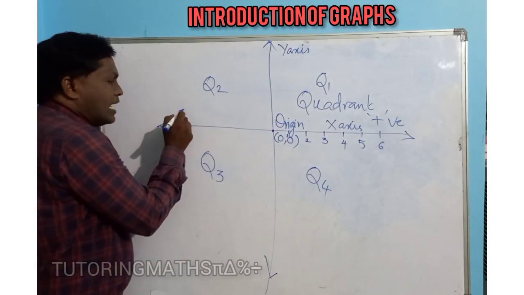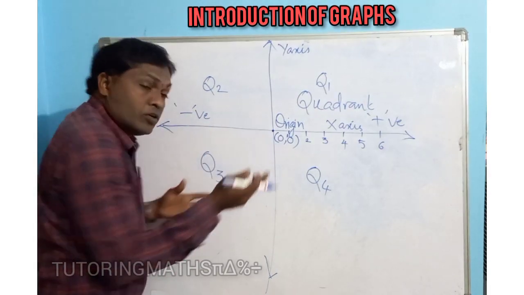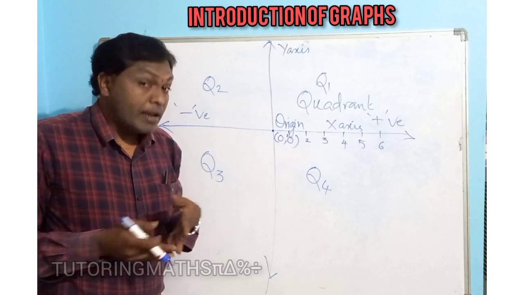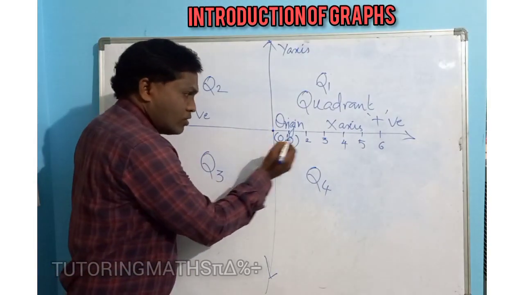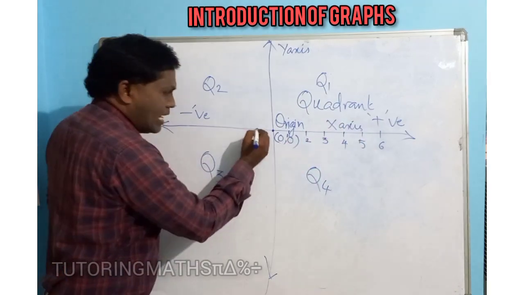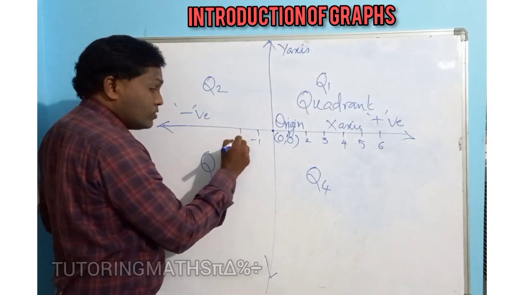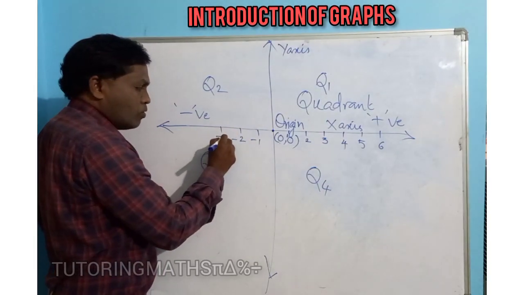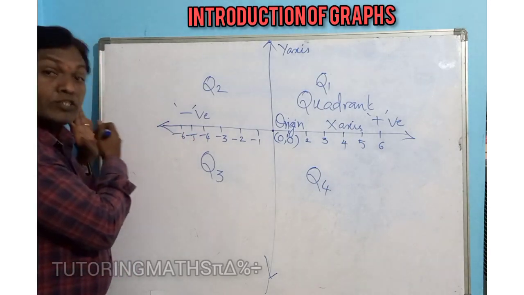And this is negative, where negative values will be there. You know the number line: exactly in the middle, 0 will be there, then 1, 2, 3, 4, 5, 6. And if you go to the left side, we get negative values -1, -2, -3, -4, -5, -6, and so on.